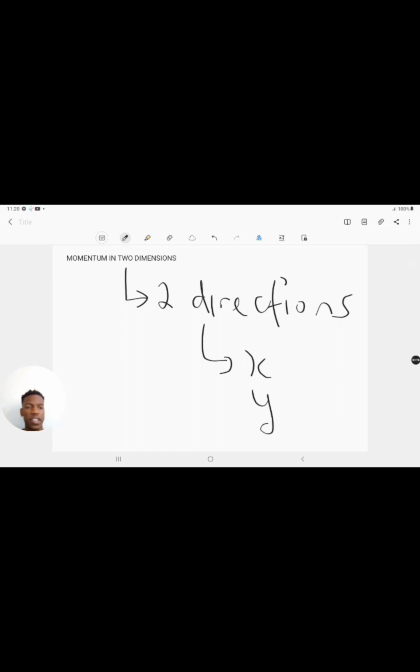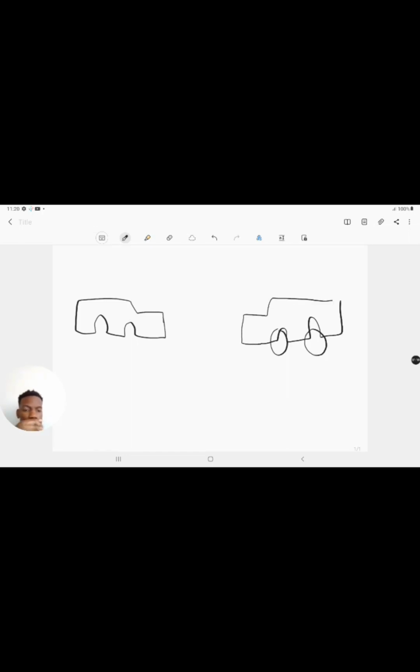Now, let's explain that a bit more. Remember, for momentum in 1 dimension, let's say you've got a car there and a car there, and these cars are moving towards one another. This is a closed system, meaning that there is no external force acting on either one of these cars.